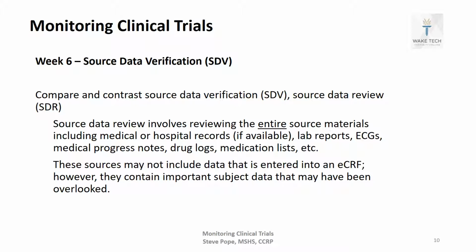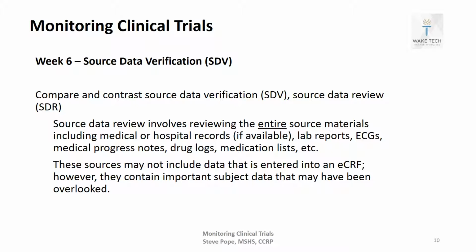You'll have the same thing with ECGs. ECGs are going to come back and they're going to contain all kinds of data. Now, you may or may not understand all the little squiggly lines that show up on that graphic, but you should be able to indicate that the PI has reviewed it, and they've considered it normal or abnormal, however not clinically significant, which in many cases is a very common issue with many of these ECGs.